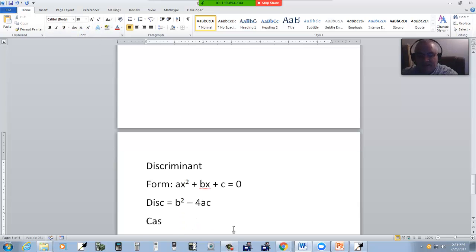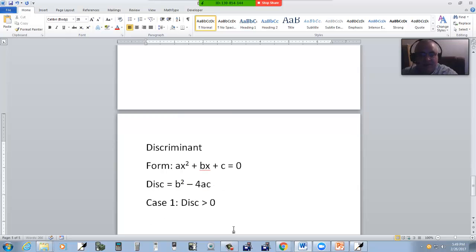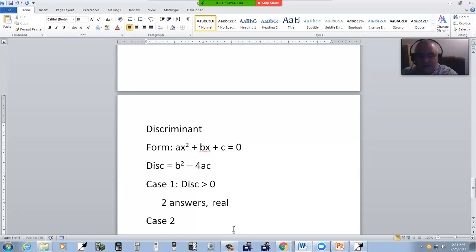Then you have 3 cases. Case 1: the discriminant is greater than 0. This tells you what kind of answers you're going to have. If it's greater than 0, it means I'm going to have 2 answers, and they're going to be real. Case 2: our discriminant is less than 0.